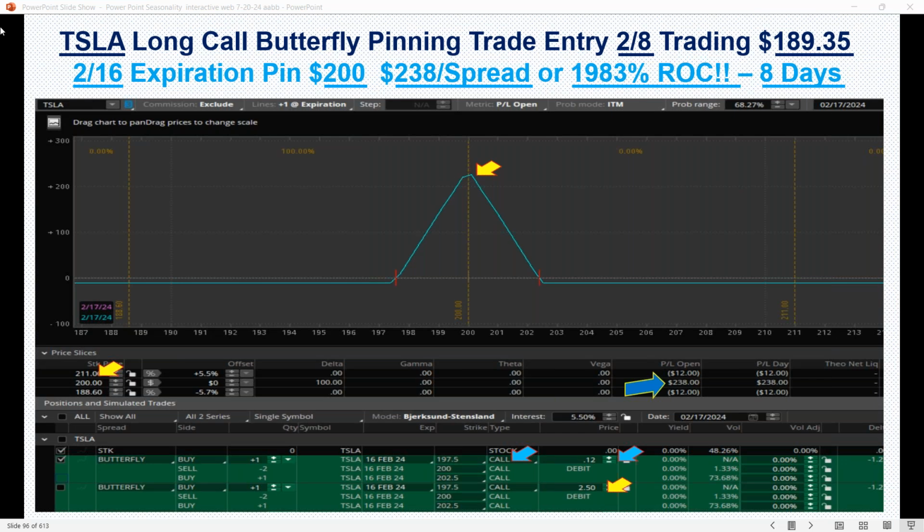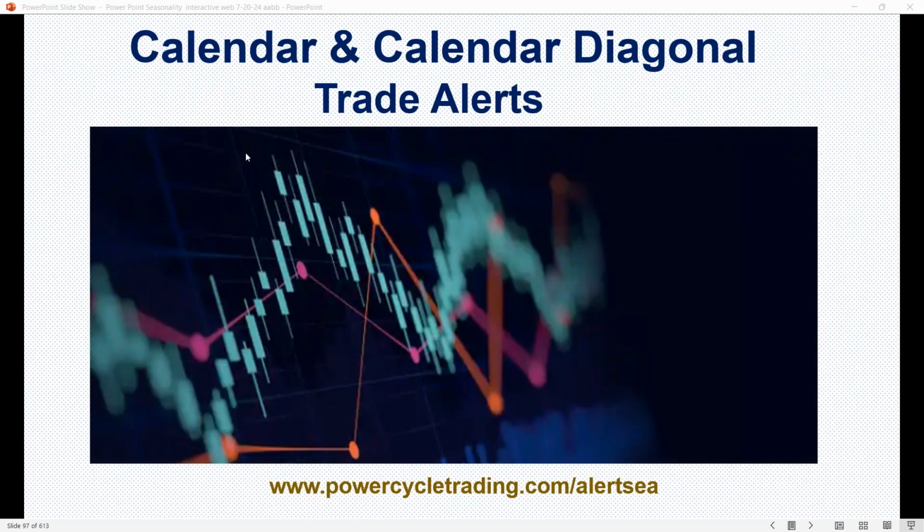At the end of the day, it was right there. Now, you might have been out before or after, but that's where the trade did go. So it did exactly what we were looking for it to do. So it went from 12 bucks to 250. So there's your $238 per spread, 1,983% return on that. So amazing trade.